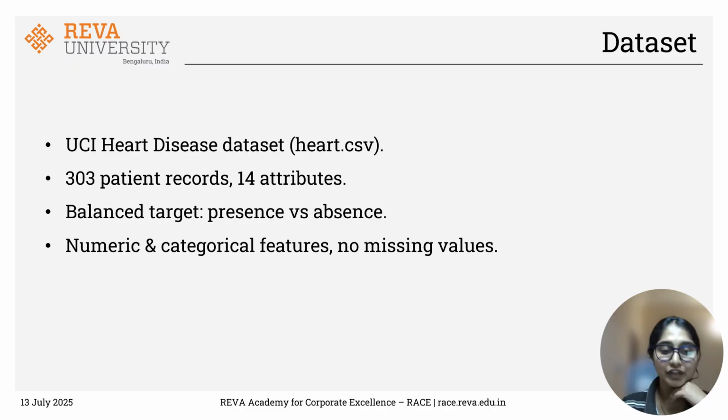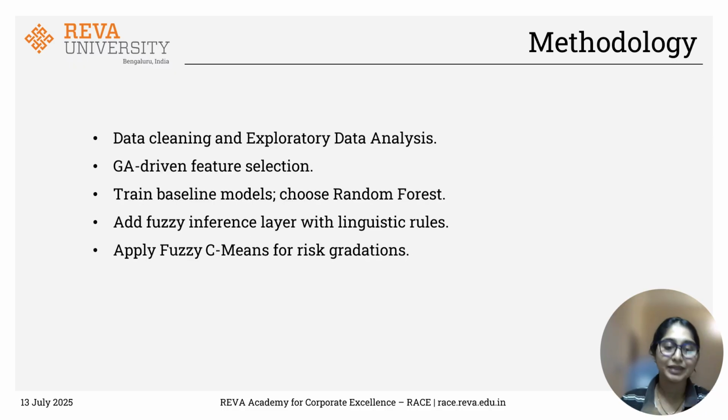We'll be moving to the next slide, that is the methodology. Our methodology involves several steps. First, we perform data cleaning and exploratory data analysis, that is EDA, to understand the patterns in the dataset. Next we apply a genetic algorithm to select the most relevant features, and then apply modeling on those features.